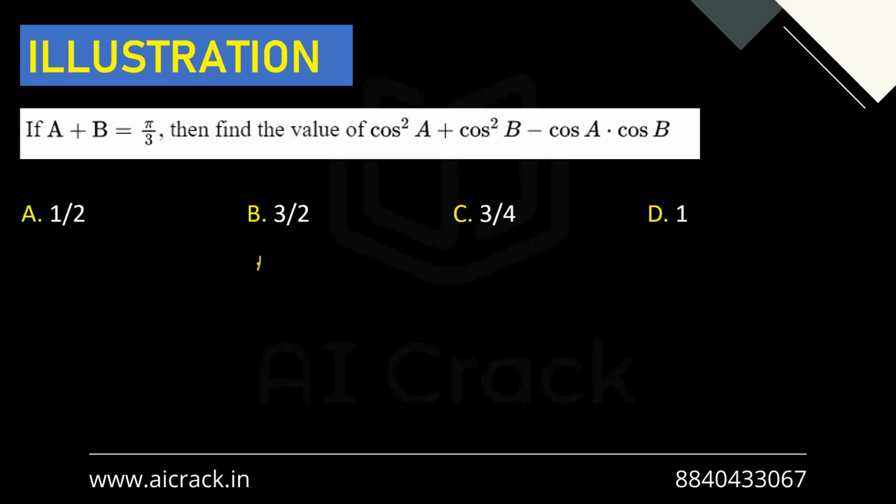The other thought that comes to my mind is that we have been given a plus b equals pi by 3. So a equals pi by 3 minus b. So I can replace a with pi by 3 minus b. It becomes cos square of pi by 3 minus b plus dot dot dot.